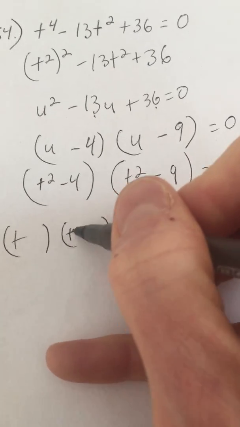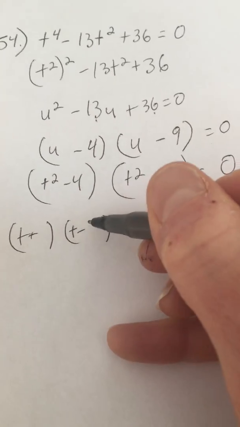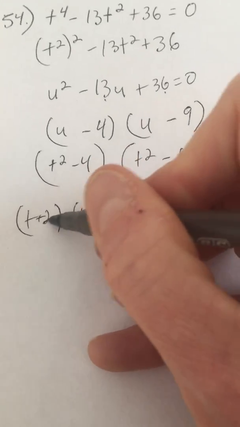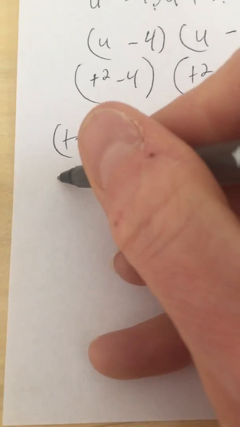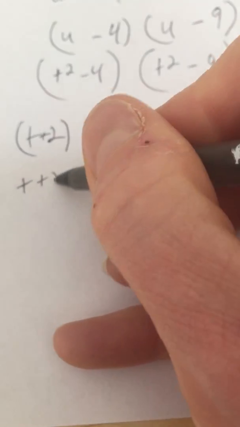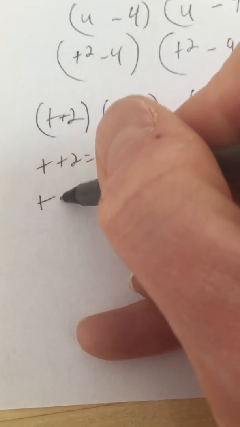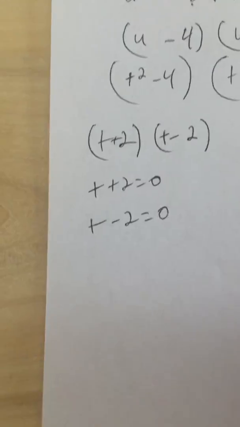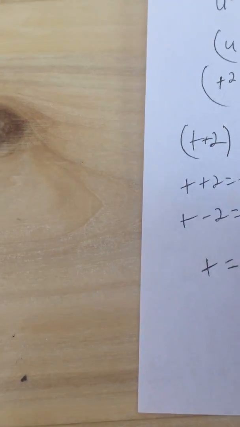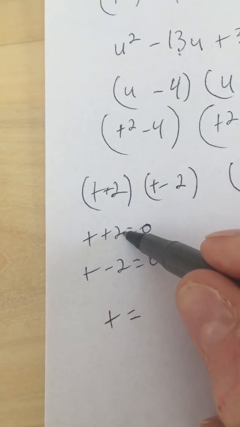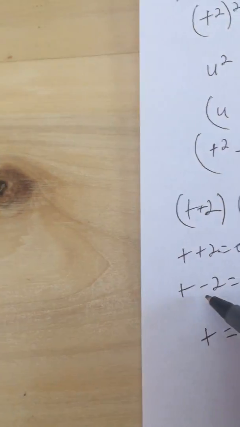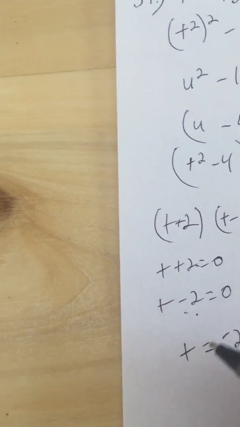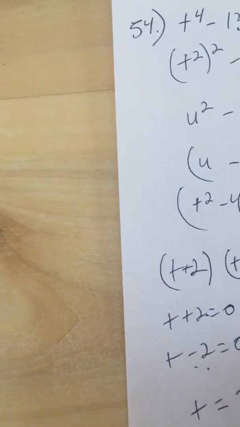So t and t, there's going to be a positive and a negative, and you're going to have a positive 2 and a negative 2, and then you set all of those equal to 0. So t plus 2 equals 0, t minus 2 equals 0, and you do it all out, and you end up with this one being t equals negative 2, and then this one, because you're moving this negative 2 over with a positive 2, t equals positive 2.